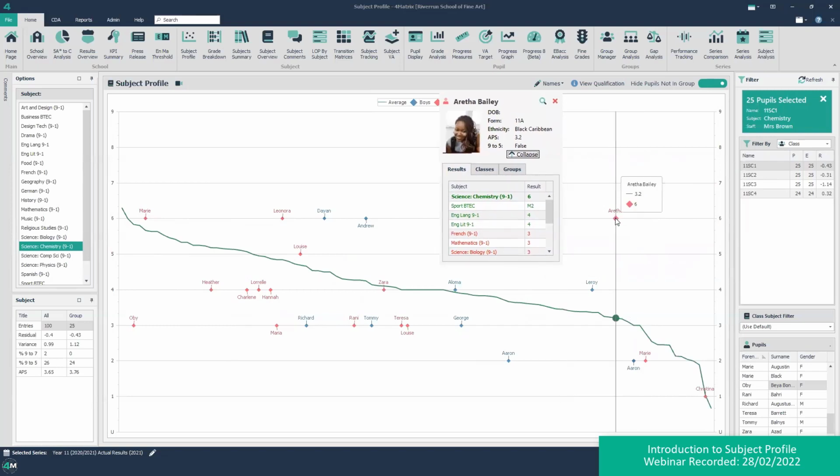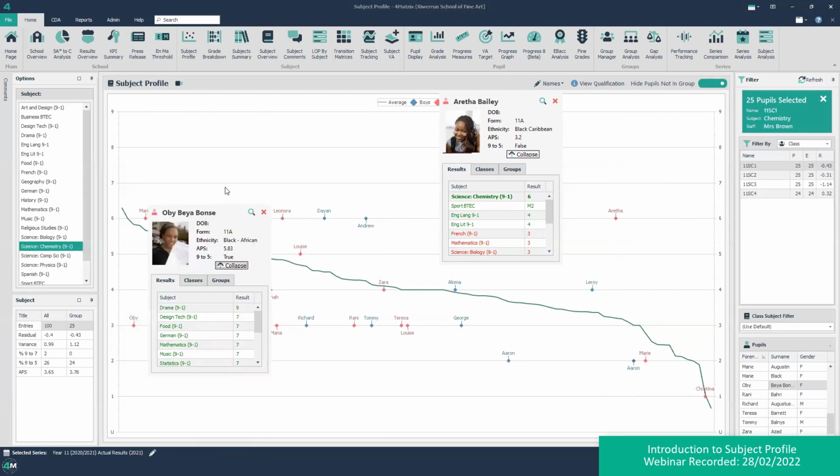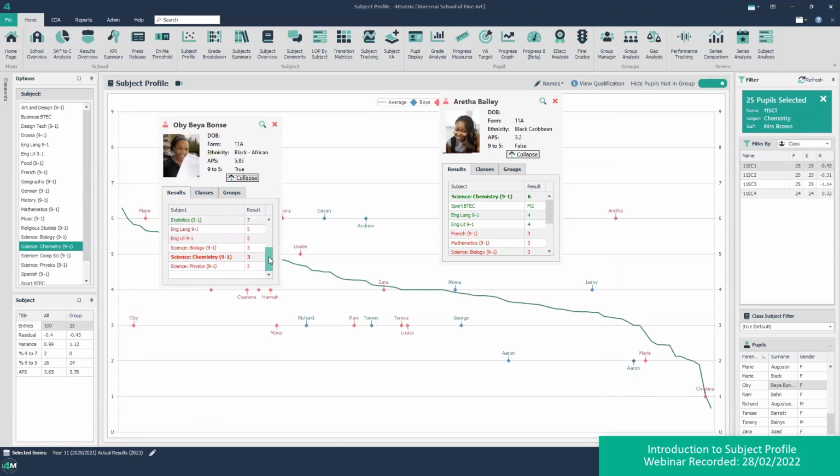Her average grade is 3.2 and she's actually getting a 6 in chemistry, so nearly 3 grades higher than her average. Conversely, if we look at Obi over here, she's getting a 3 in chemistry against an average grade in her other subjects of 5.83, so nearly 3 grades worse.